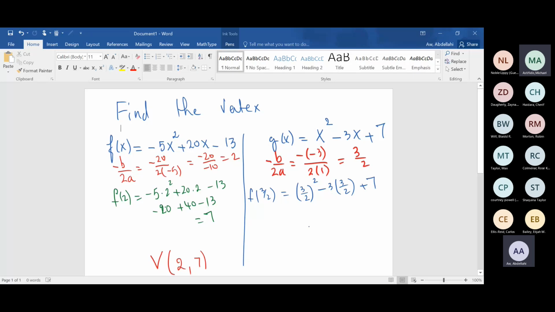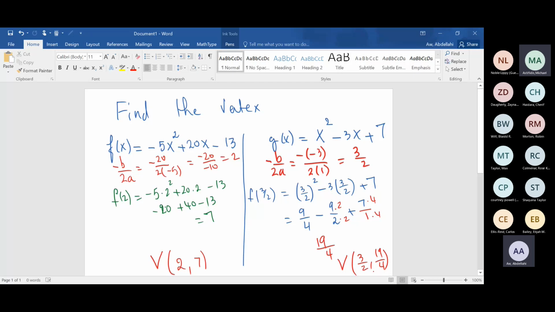So it's going to be 9 over 4 minus 9 over 2 plus 7. If you write everything with the same denominator, the LCD is 4, so multiply some by 2 and some by 4. It's going to be 9 minus 18, which is negative 9, plus 28, which is 19 over 4. So the vertex is 3 over 2, 19 over 4.